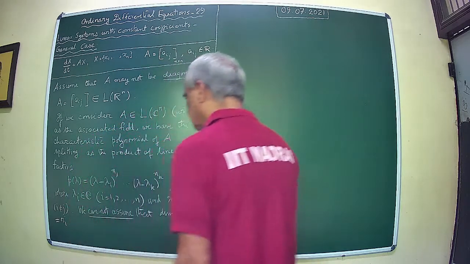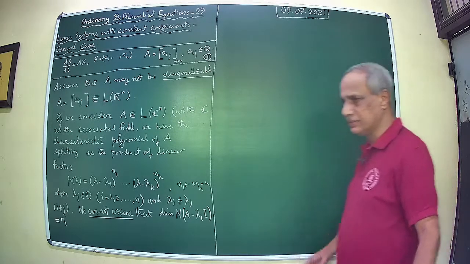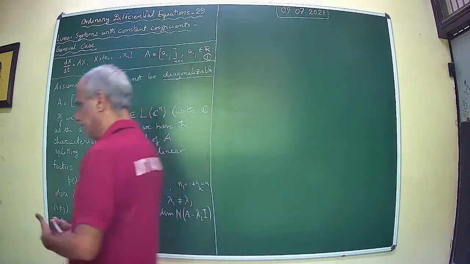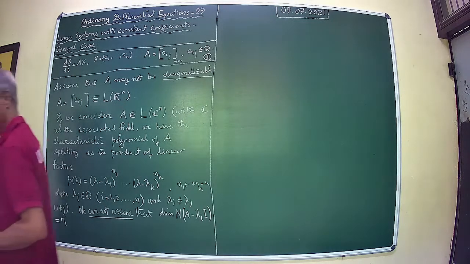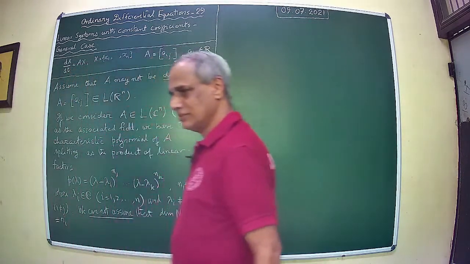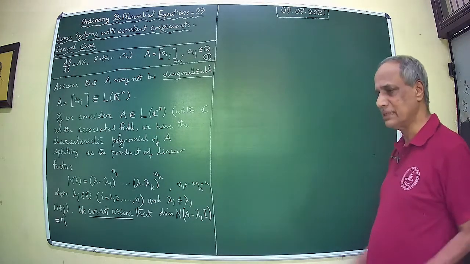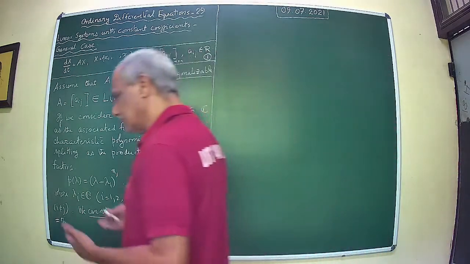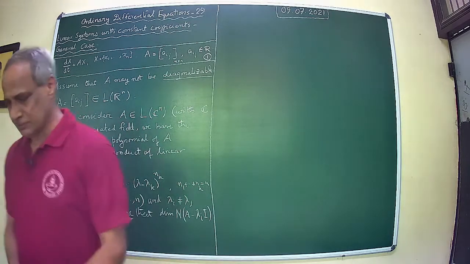So with the linearly independent eigenvectors, you cannot span the whole space. Now that's a difficulty. This is a real problem that you have. In this case, what do you do? This is the question that you are asking.